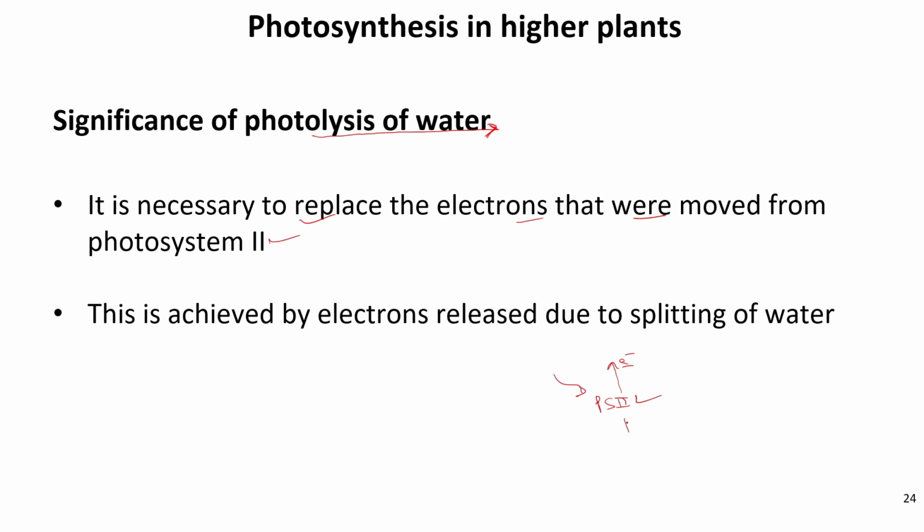This gap is filled by the electrons from photolysis of water. Photolysis of water releases protons, electrons, and oxygen, and these electrons are transported to photosystem 2 and fill its gap.